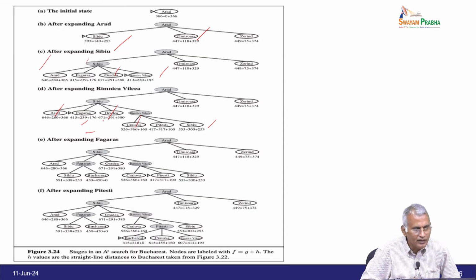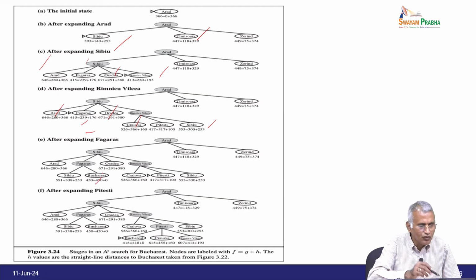After expanding Fagaras, Arad can be subdivided into Sibiu, Timisoara and Zerind, and Sibiu into Arad, Fagaras, Oradea and Rimnicu Vilcea, and Fagaras into Sibiu and Bucharest.